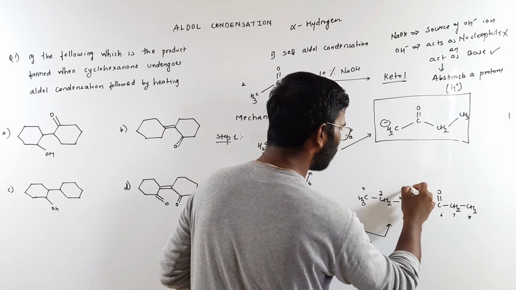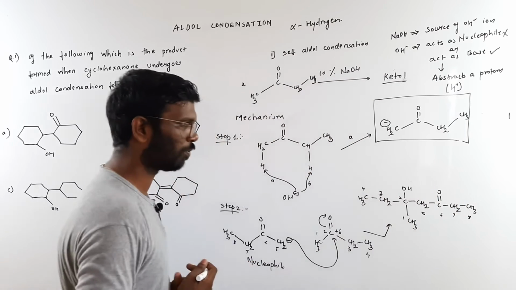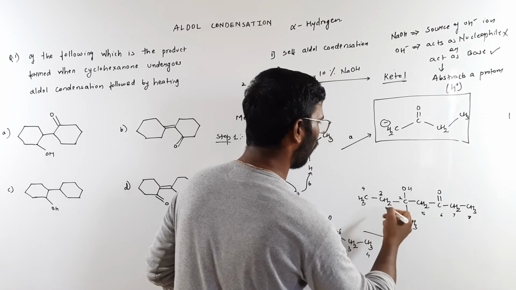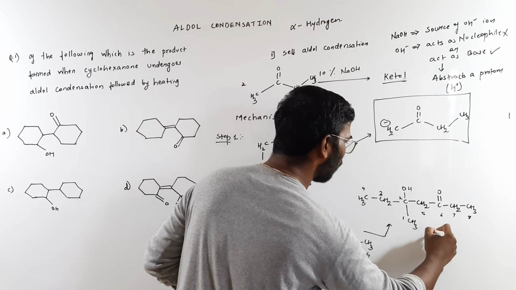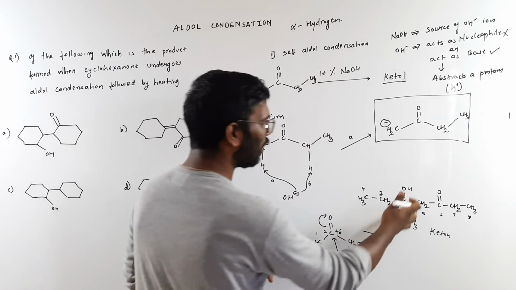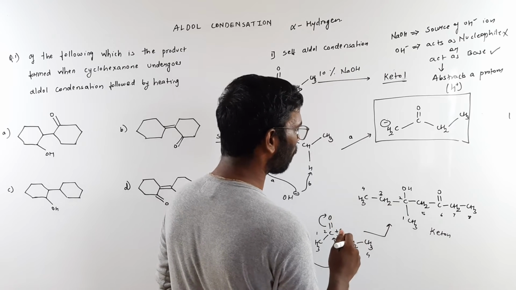Further, in the presence of acid, this is going to form an OH, right? So this is keto and that is alcohol. This is the product we are getting, ketol. And further, if you dehydrate this, then the most stable alkene will be formed, right?